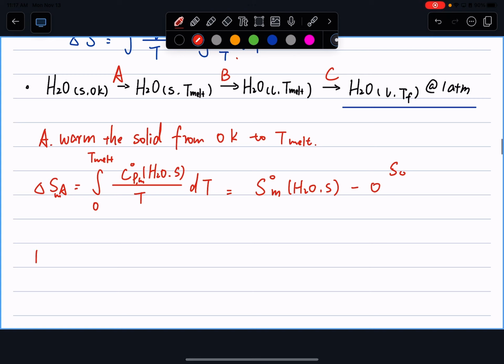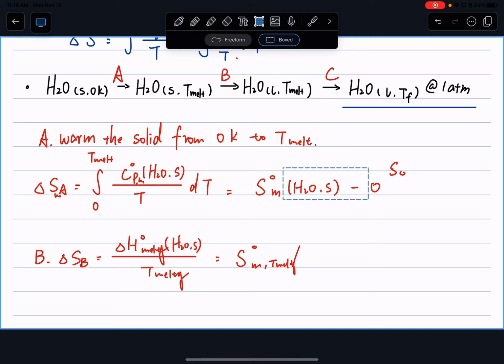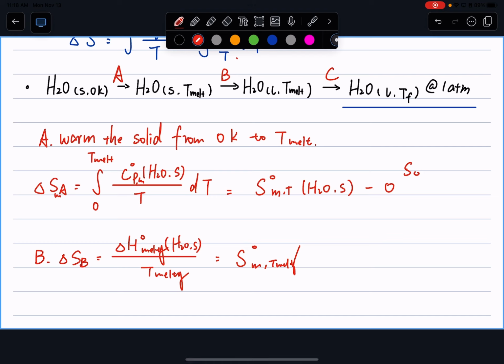And then for step B, we have delta S_B. That is just an isothermal process. We're just talking about the heat of melting. So that gives you delta H naught melting of H2O solid over the melting point. The other way to put it, this is your S naught melting at T melting, final minus initial.